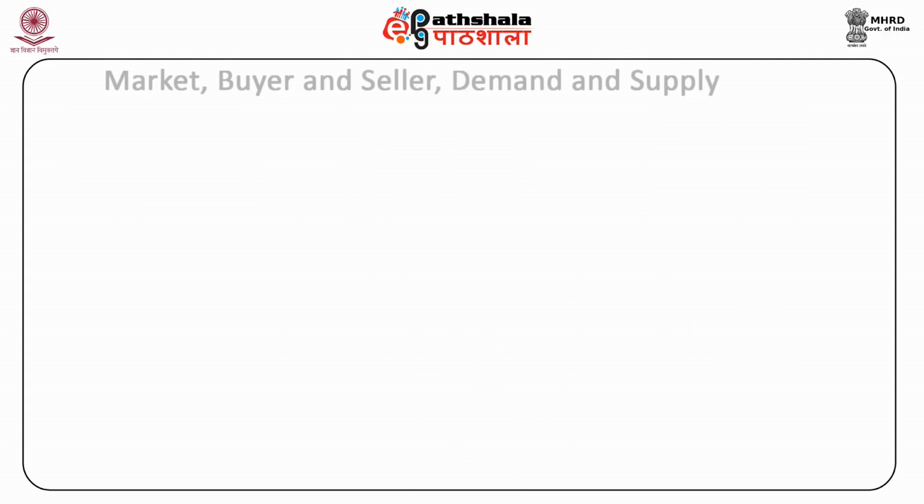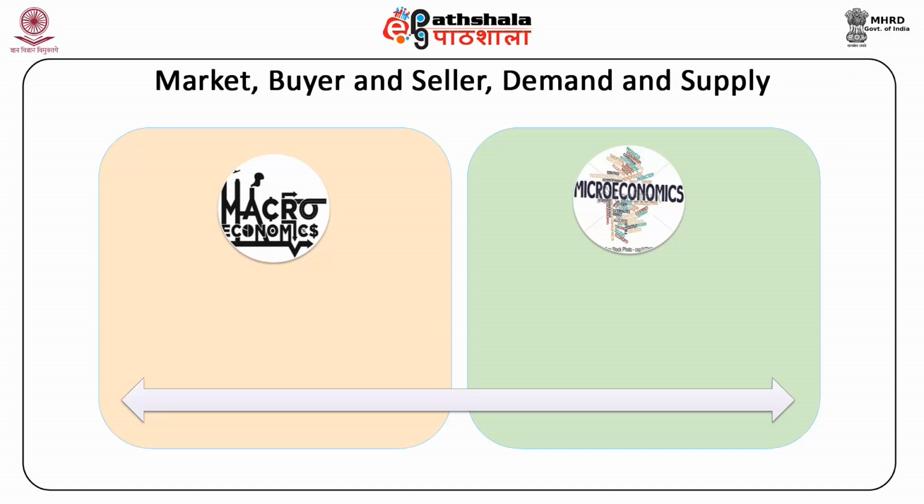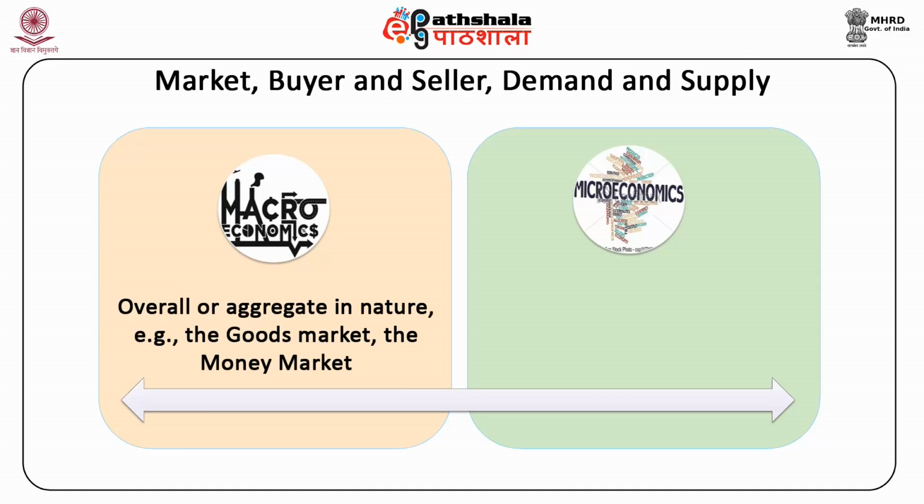We shall now talk about markets in micro and macro theory. In macroeconomics, the markets concerned are overall or aggregate in nature. Example, the goods market, the money market.